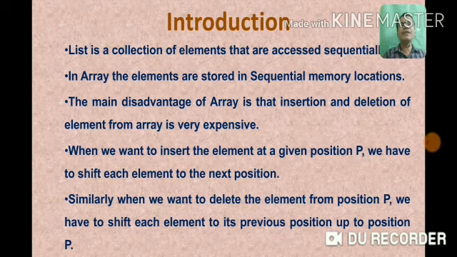That is, we shift the 10th element to position 11, the 9th element to the 10th position, and so on. In this way we shift the 5th element to the 6th position, and then we can insert the new element at position number 5. So we have to shift 5 times. This is a very complex process in a computer.